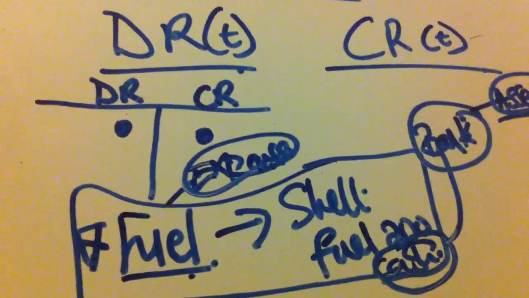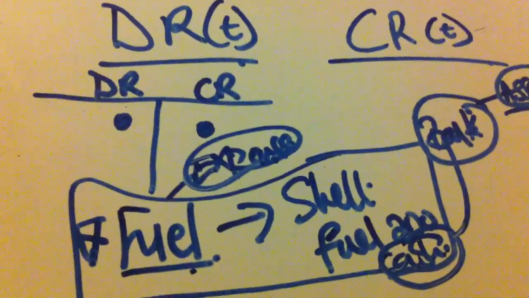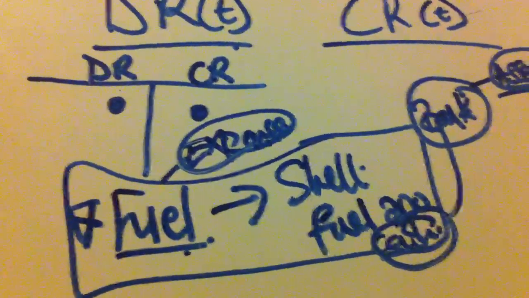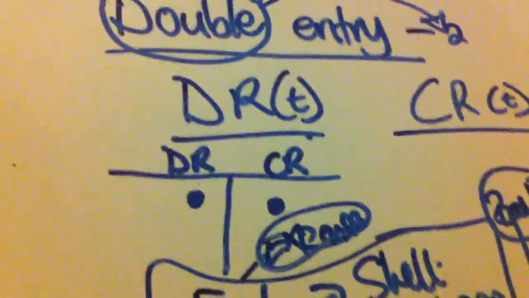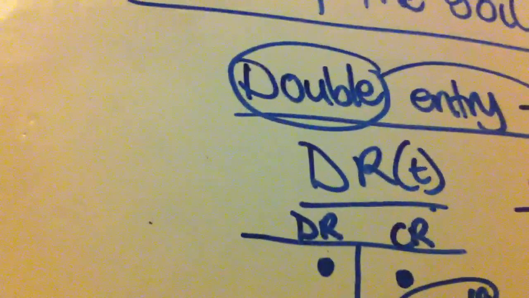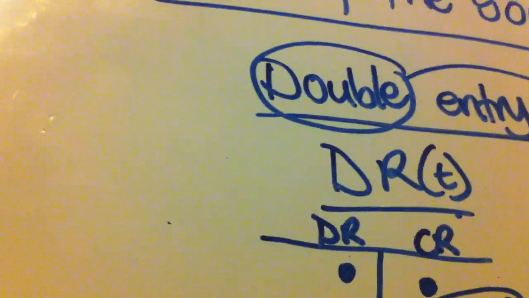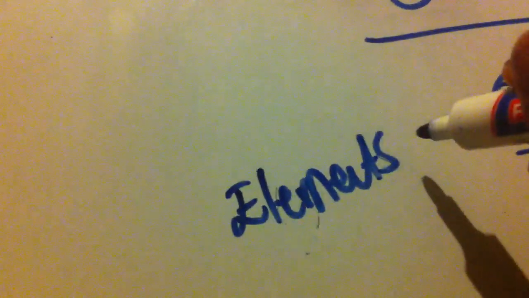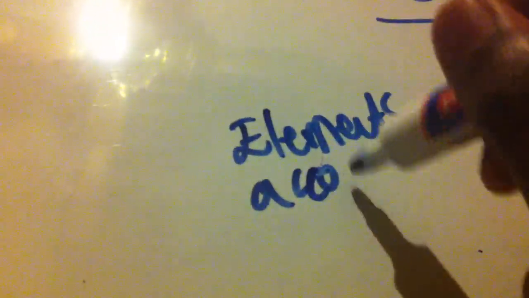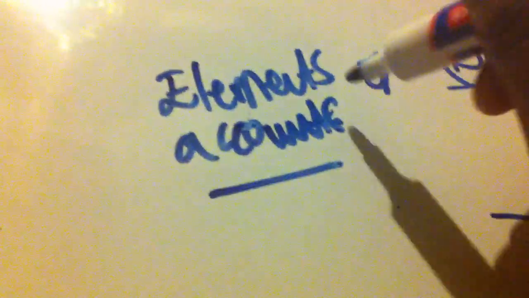So that's the first thing that you need to do. You need to be able to identify which element of account is affected. What are the elements of accounts that we're talking about? Let's discuss elements of accounts.